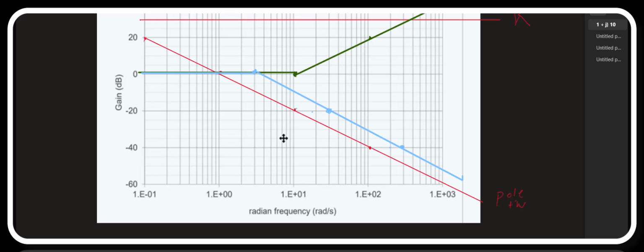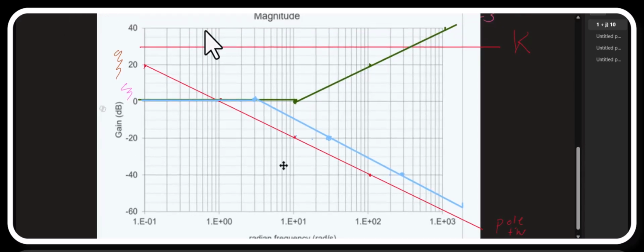And now to get my composite, I'm going to add these all together. To start with, I need to get my starting number. My starting number is going to be the sum of these two numbers right here. I had my number of 30.4 from my constant term, but this pole through the origin also gives me a value of 20 right there.